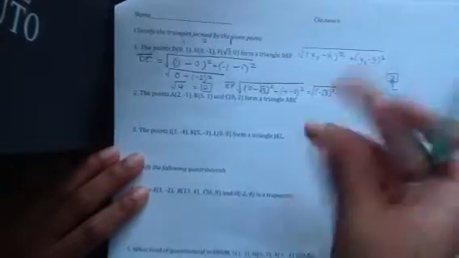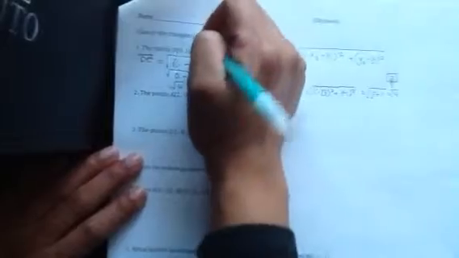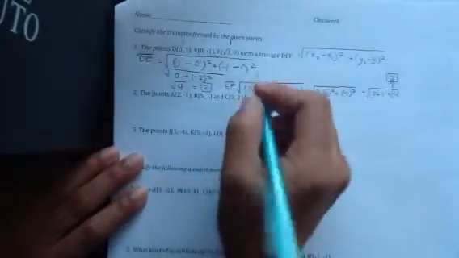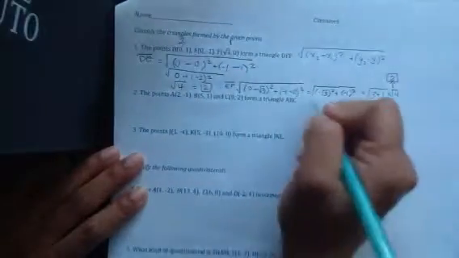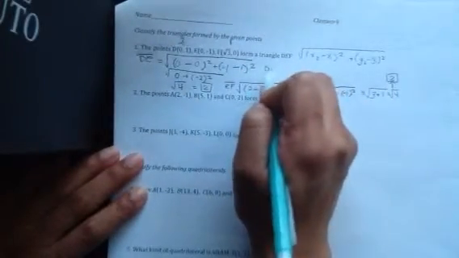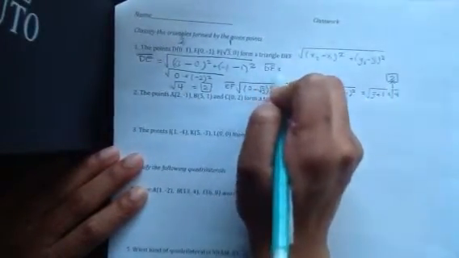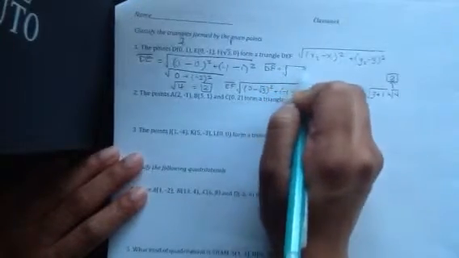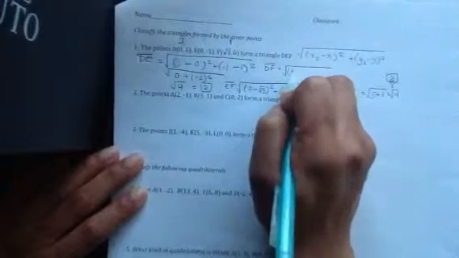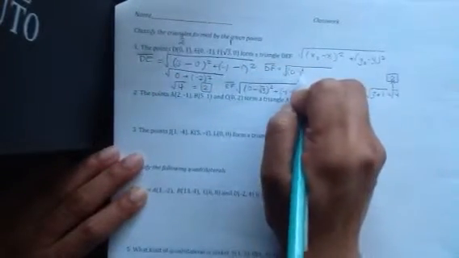Now let's do the last one, which is DF. So I'll make this my 1 and I'll make D my 2 this time. And I'm going to go ahead and set up. So for DF, my x2 is 0. My x1 is the square root of 3.